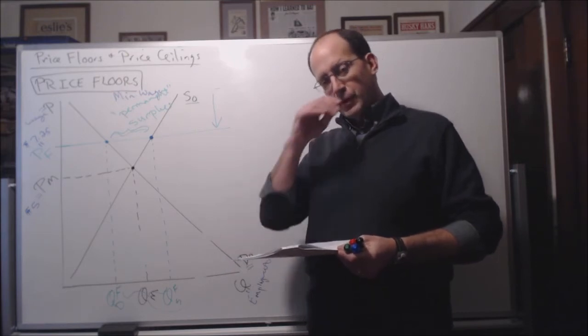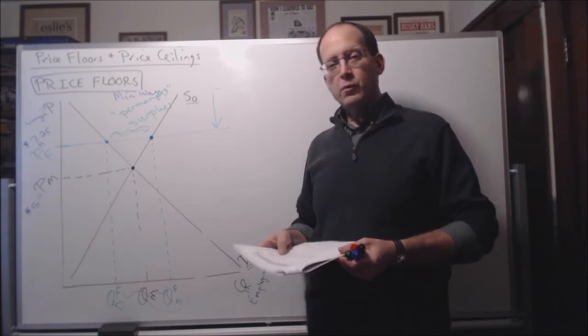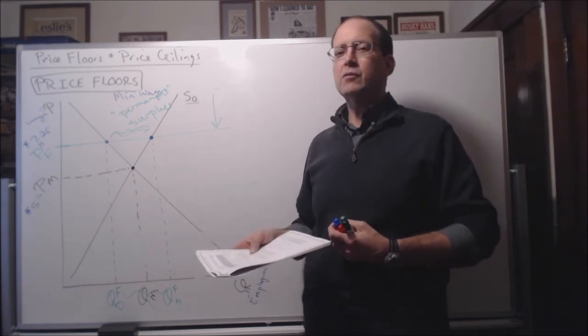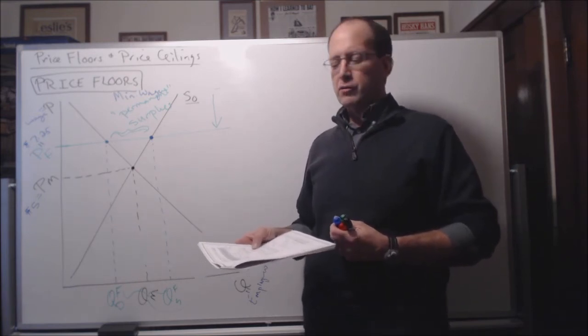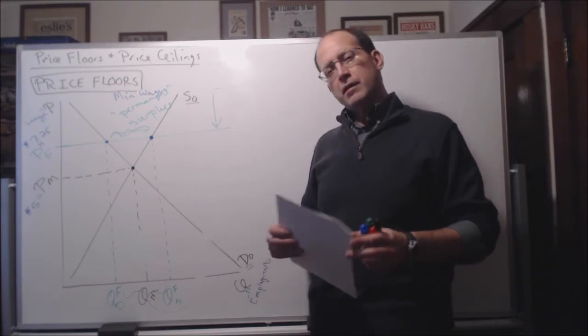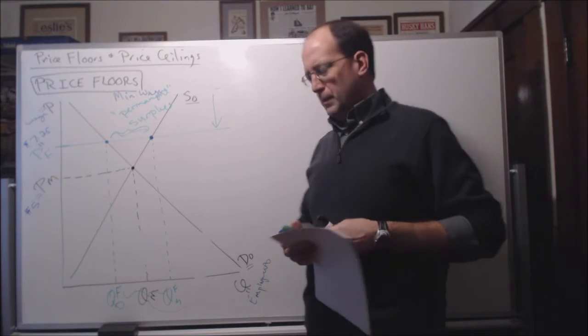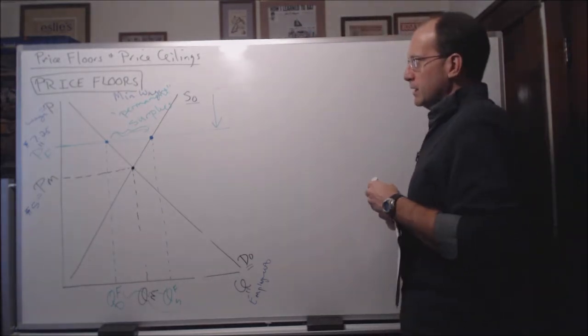And this is the debate. Should we increase the minimum wage, let's say even by $1 an hour to $8.25 an hour, in order to try to fight poverty? What do you think about that? How do you feel about that? What's the economics behind that?